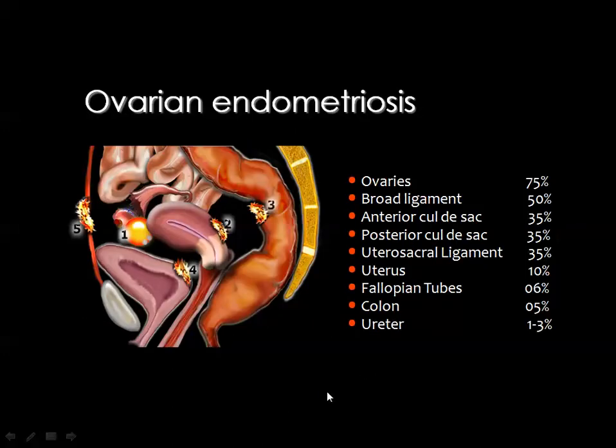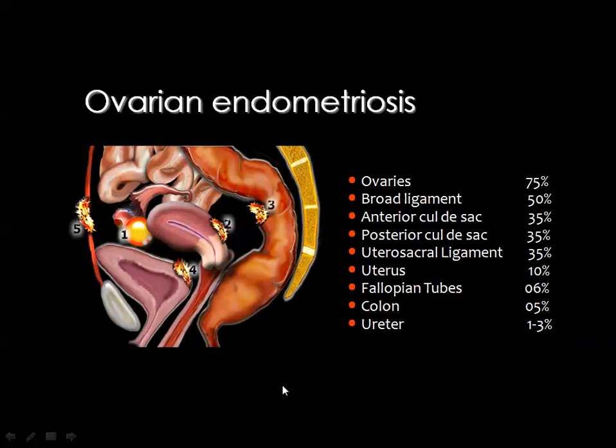And you know that ectopic endometrium can occur in all these areas, and the ectopic endometrium in the myometrium is known as adenomyosis, and this is the only ectopic endometrium which does not show cyclic changes, but endometriosis can commonly occur in the ovaries, in the broad ligament, anterior cul-de-sac, posterior cul-de-sac, uterosacral ligament, the tubes, the colon, and the ureter.